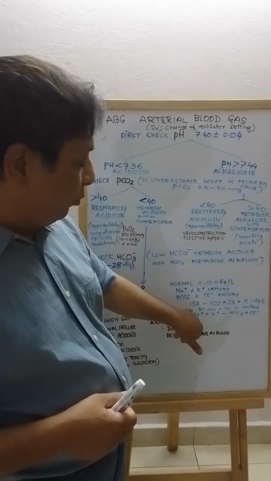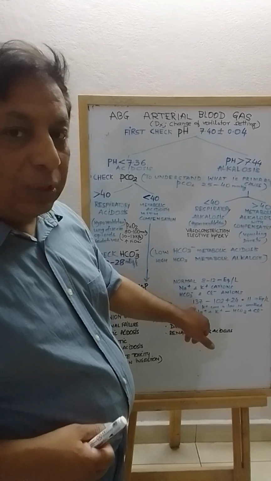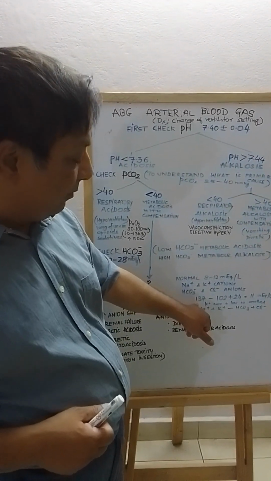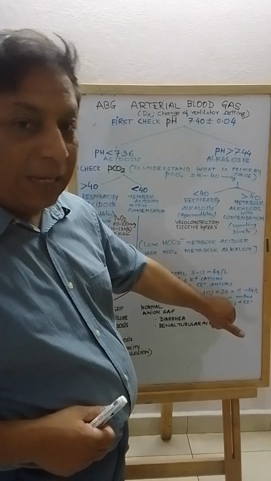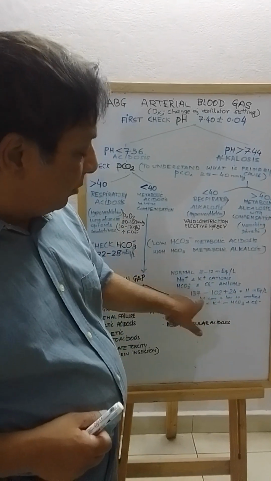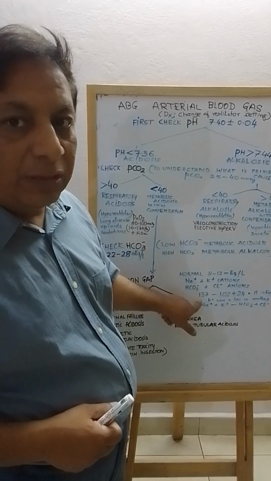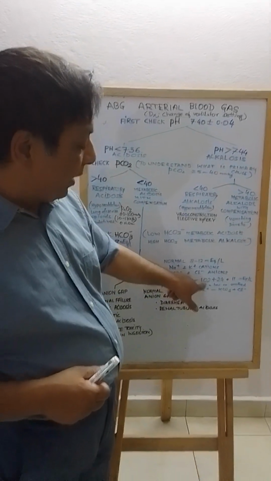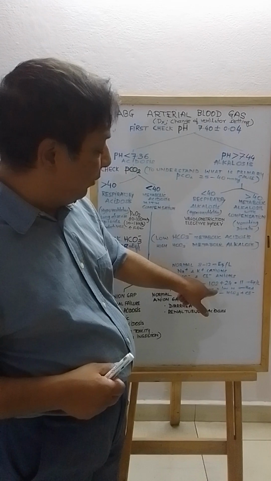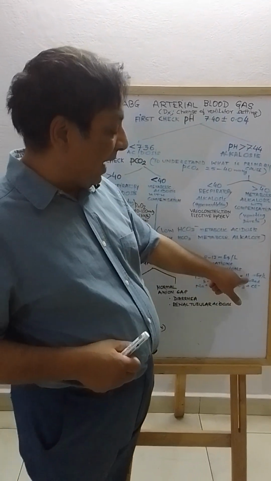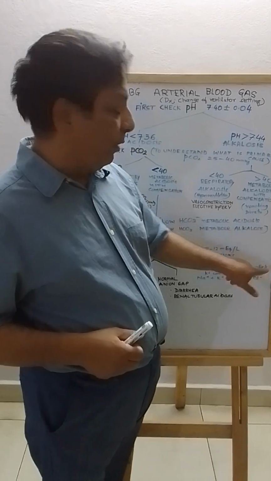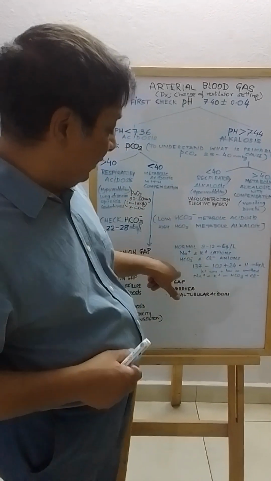It means you measure the sodium concentration and subtract the chloride and bicarbonate. Suppose sodium concentration is 137 milliequivalent, bicarbonate is 24 milliequivalent, and chloride is 102, then the anion gap will be 11 milliequivalent per liter. It means it is within the normal range.